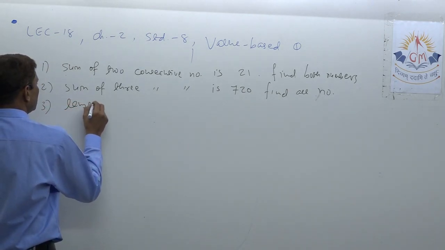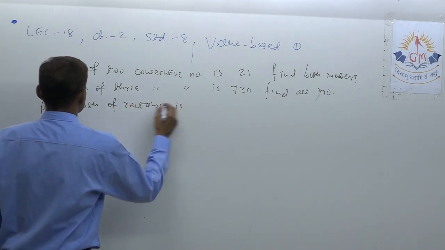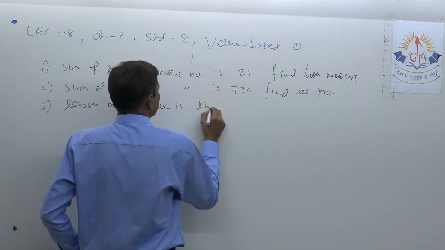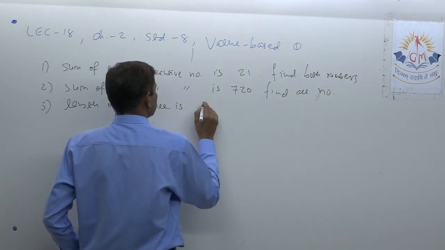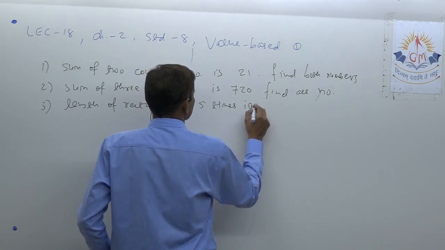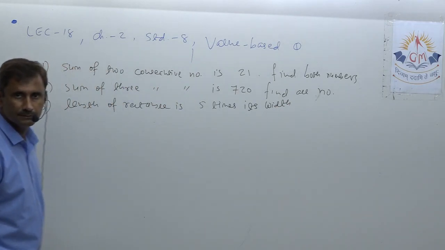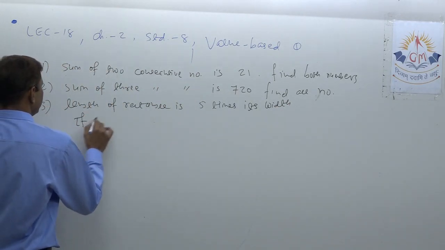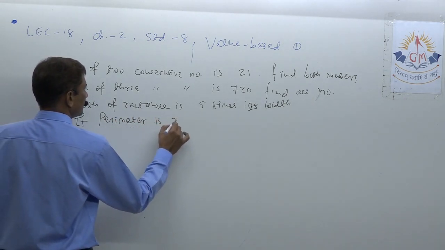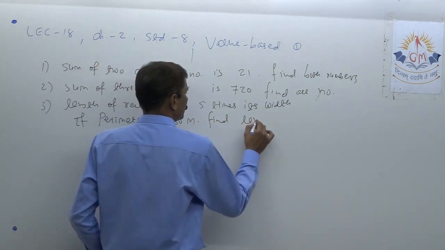Length of a rectangle is, not twice, 5 times its width. If perimeter is 30 meter, find length.